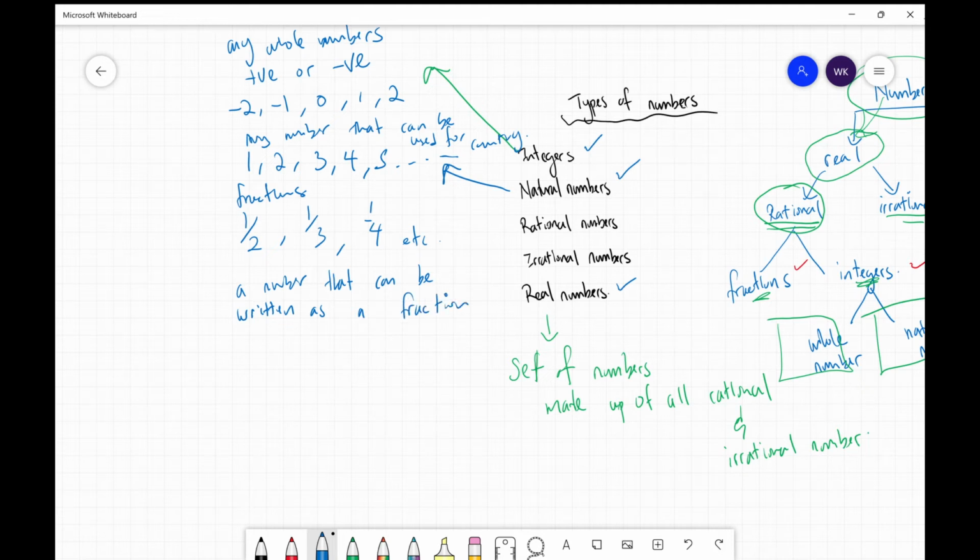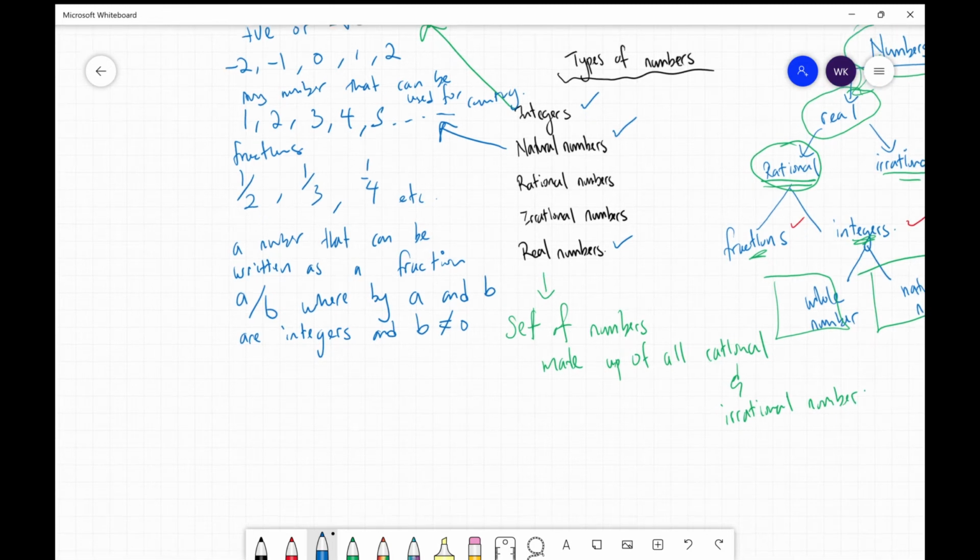So let's say A over B, whereby A and B are integers, and provided that B is not equal to 0.